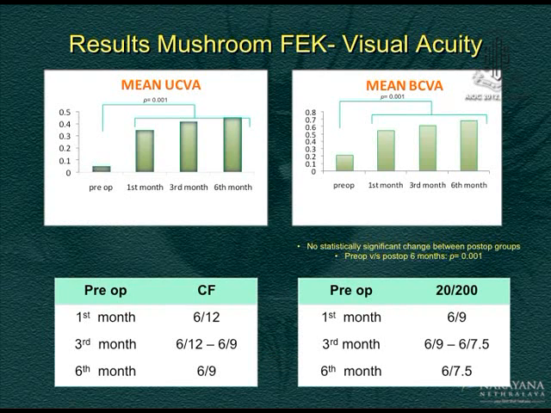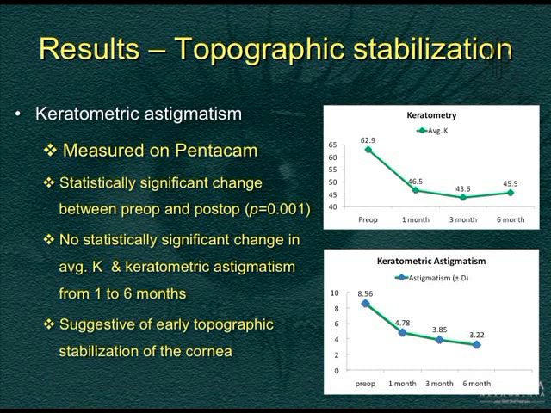Some results about our mushroom shape femtosecond enabled keratoplasty. Again, as I told you, most of the time the visual rehabilitation is very fast. Uncorrected visual acuity is 6/12 or better on day one, and the patient goes back to work within a week without any doubt. Topographic stabilization: most of the time when we do a corneal transplant, we are interested to know whether it stabilizes topographically or not.